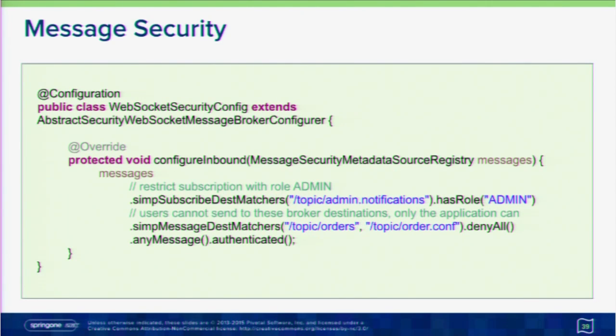You can subscribe to them, but you won't be able to send messages to them. And then the other messages require you to be authenticated. So it's really similar to what we have in HTTP, but applied to messages and subscriptions. So you have a fine-grained way to protect your messages, because maybe you want someone to receive messages from a destination, but you don't want them to send messages to that destination. With normal WebSockets, there's no way to do that, because you only have HTTP.